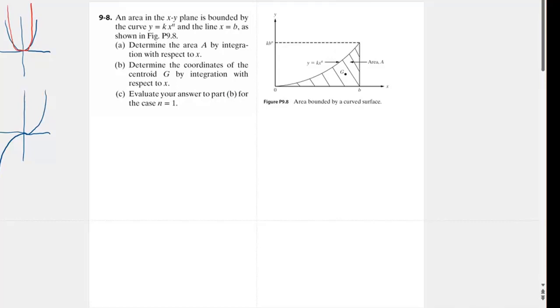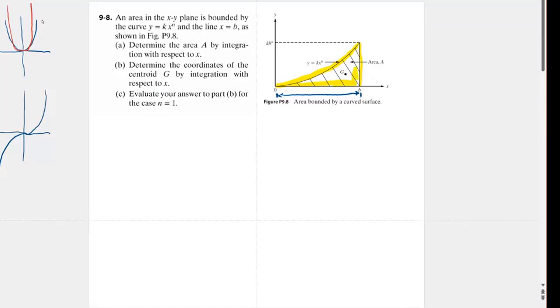And then x equals b, that's where we want it to end. So we're really looking for the area from here to here. That's why it's telling me what's bounding it. We're looking for this area that's colored in here.